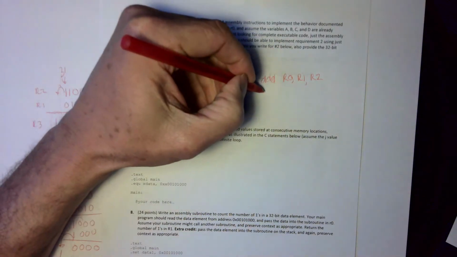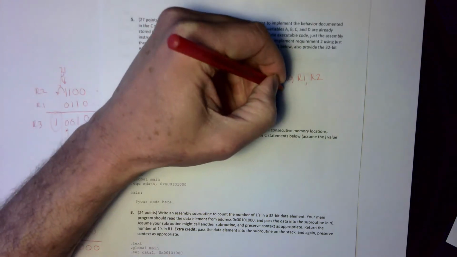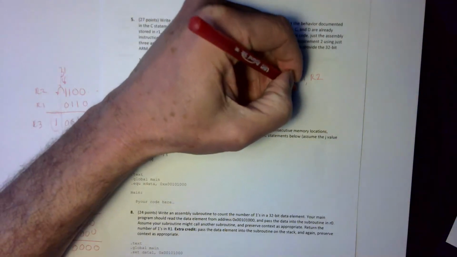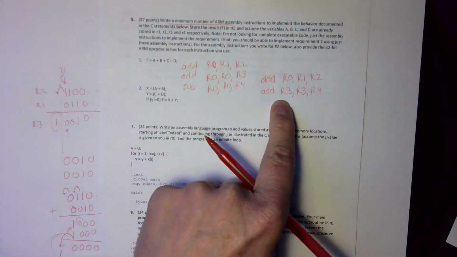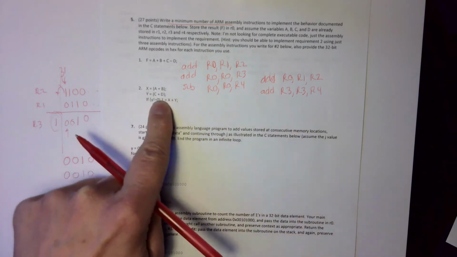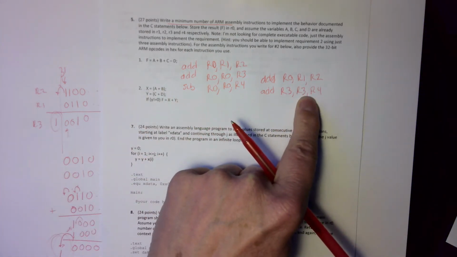Then I'm going to do the same thing, but add into another register, R3: R3 plus R4. R3 contains the C operand, but I don't need it anymore for this computation, so I can add R3 back into R3 plus R4.